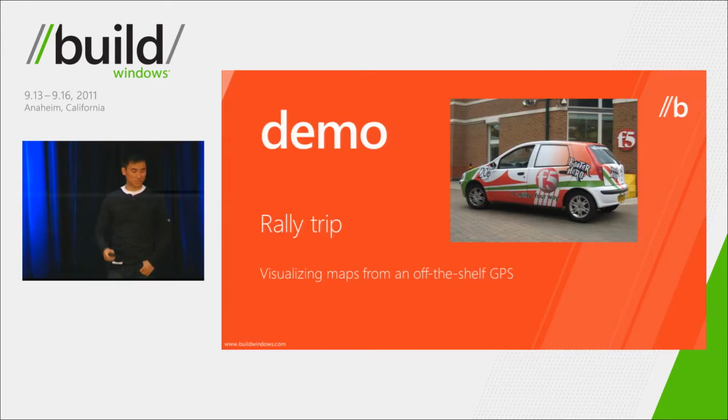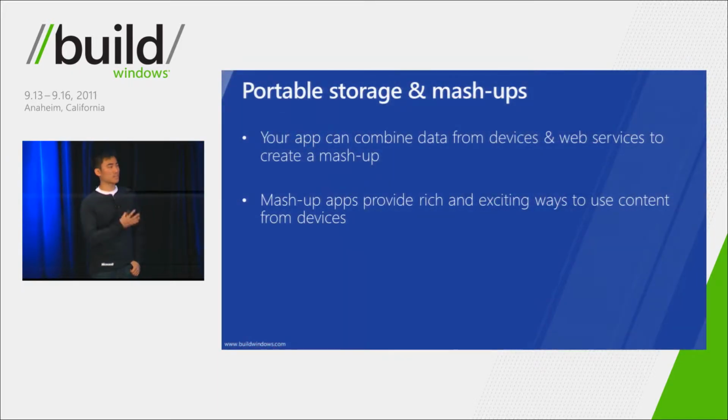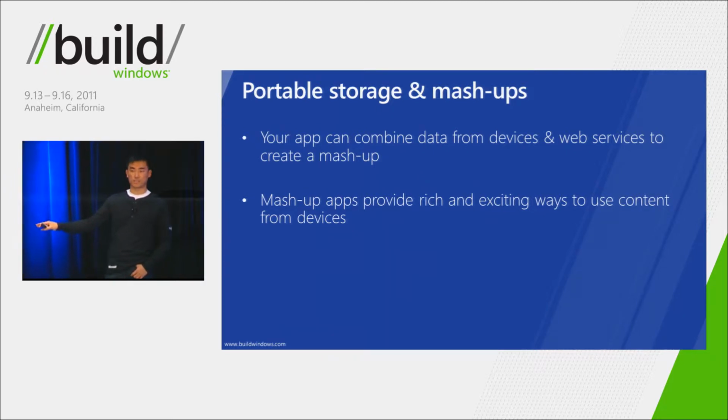All right, so let's switch back to our slides. So what did you guys just see? We saw how your app can combine data from devices and web services to create a mashup. We only showed the GPS device in this demo, but you can imagine if you were writing this application for somebody like Team Batar Hero, you'd want to create overlays with the photos or videos that they took, or be able to add comments from their trip in that application.